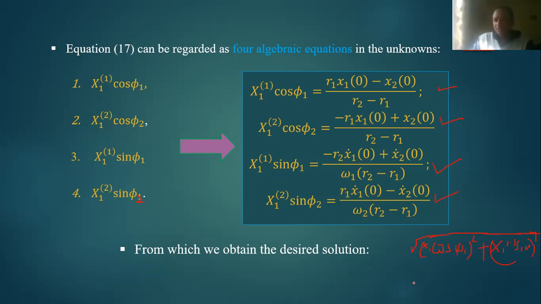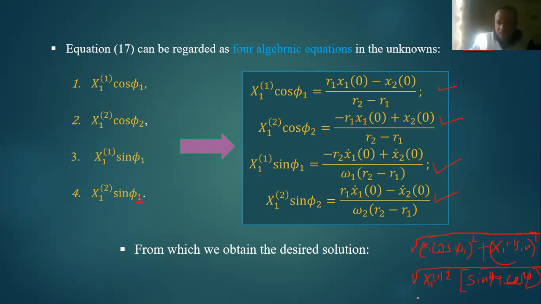Why? Because we can take x1 of 1 square, the whole times sin phi 1 square plus cos phi 1 square. Sin phi 1 square plus cos phi 1 square gives us 1.